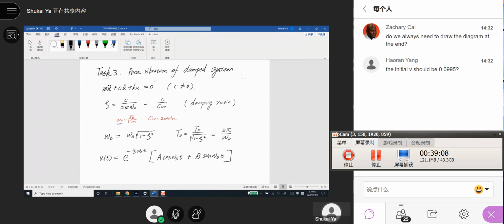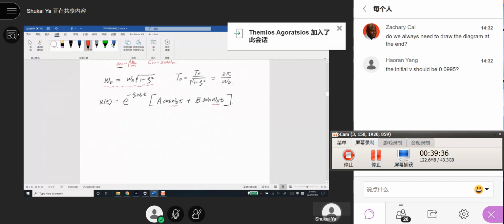Basically it is similar to the free vibration for the undamped system. You can see the second part is pretty similar: A cosine omega d t, B sine omega d t, but we are using omega d instead of omega n. The relationship between omega d and omega n we have given.